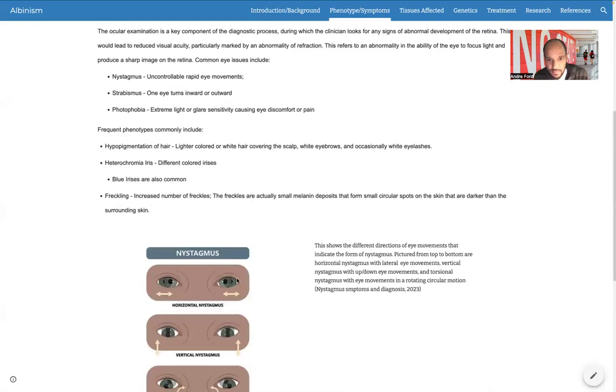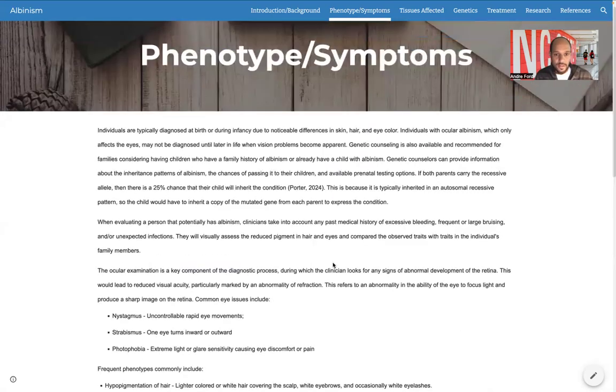The freckles actually are the small melanin deposits, or the residual melanin deposits that form the darker spots on the skin, as seen in OCA2, that is.